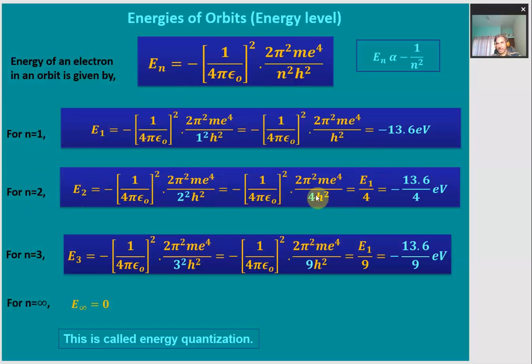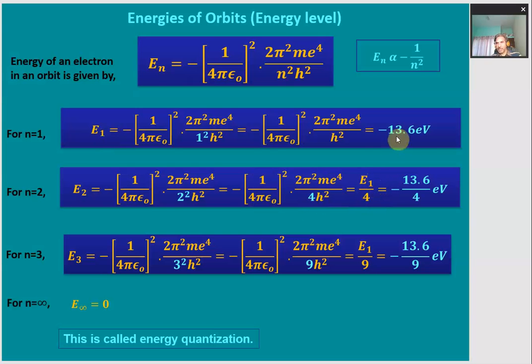All other terms are similar to the first orbit, so we can write this as E1 divided by 4, because this is the only term which differs.